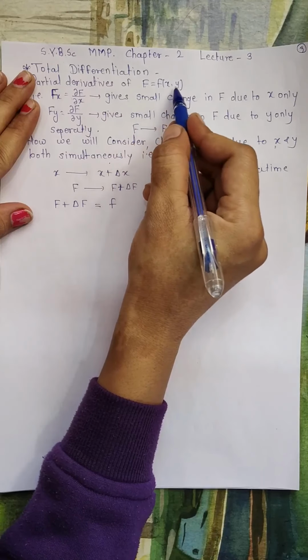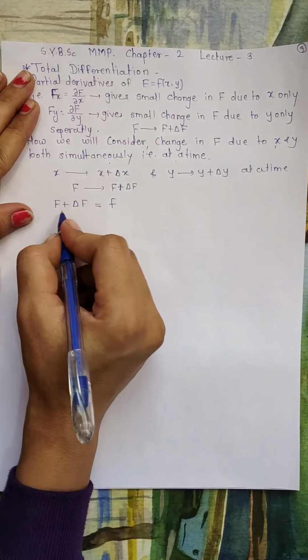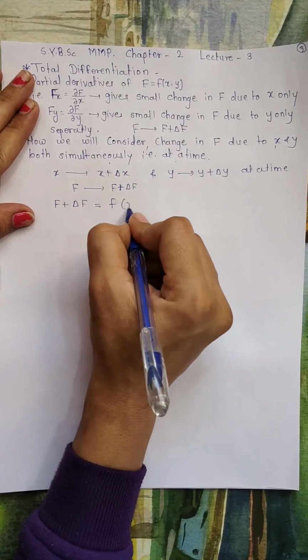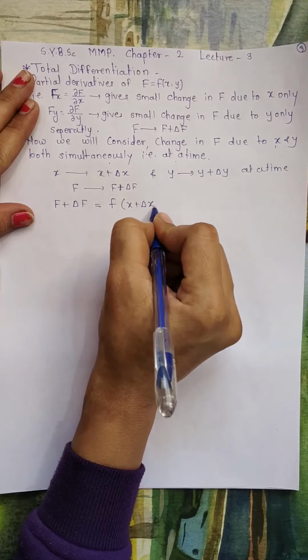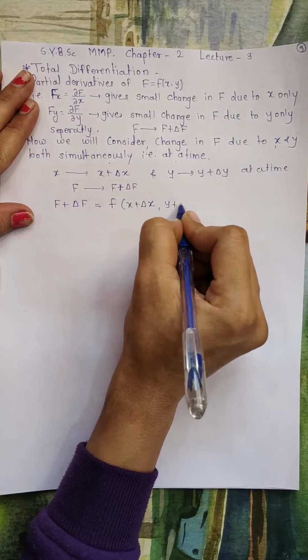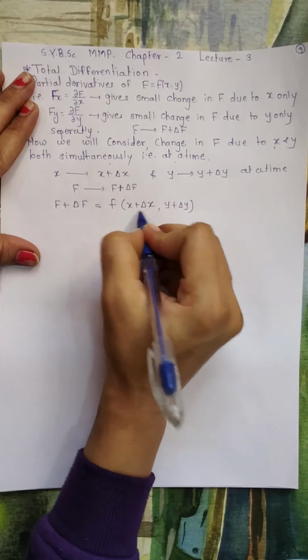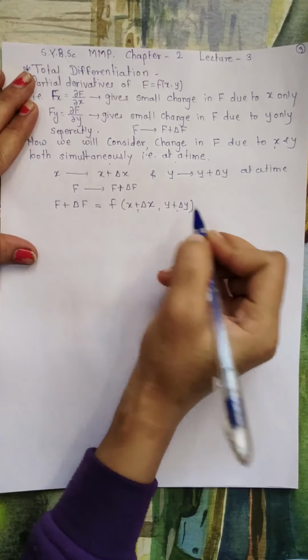F is written as a function of x, y in this way. Now there is a change in the function. I am writing that the change is due to x becoming x plus delta x, and y becoming y plus delta y. So this is the new function due to change in x and y at a time.